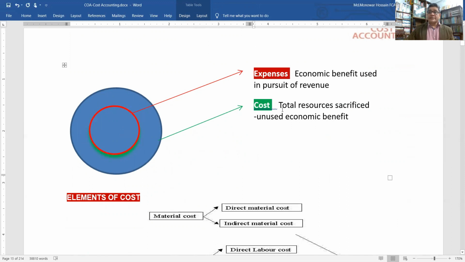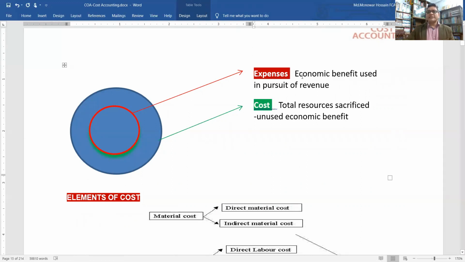We can say that if your company purchases a car or jeep, the total expenditure is the cost of the company, a fixed asset. But every month or yearly, your company accounting charges the depreciation of that asset or car. That depreciation is the expense. So cost and expense have a difference.